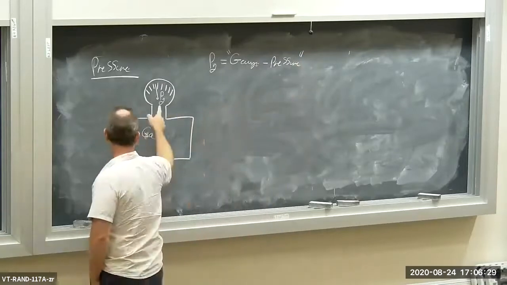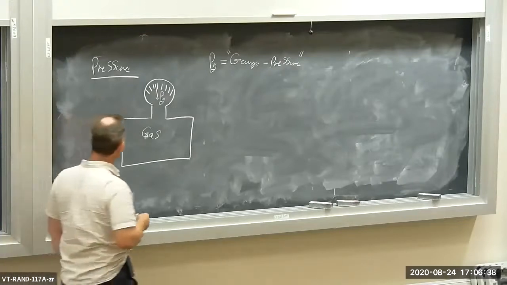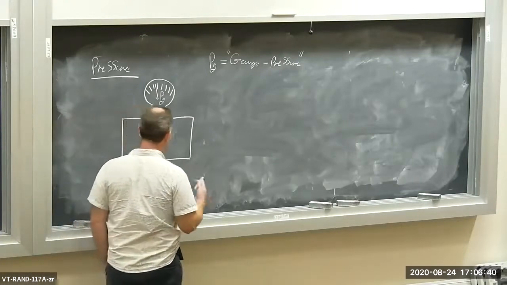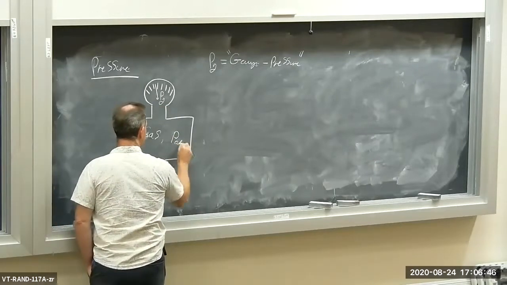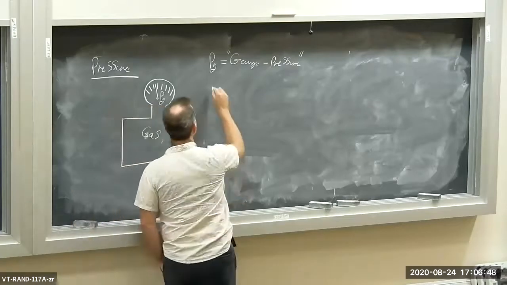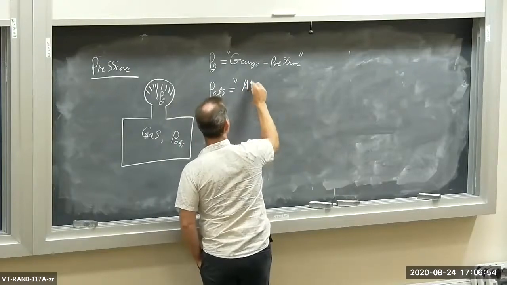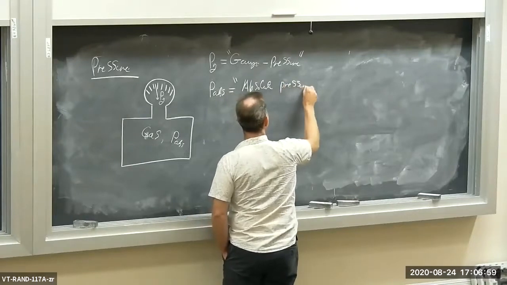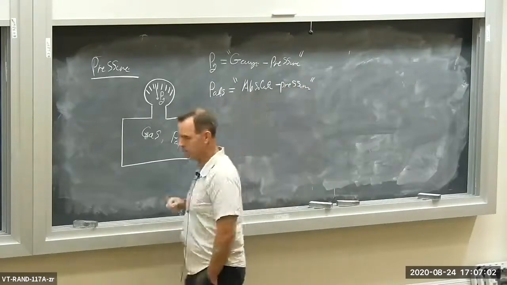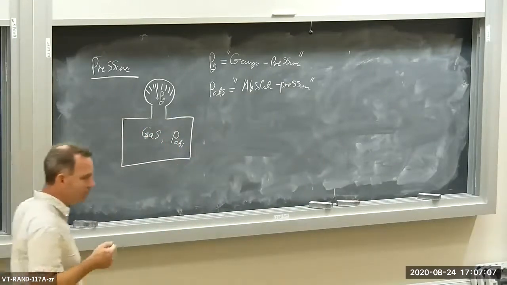Gauge pressure, P sub G. Then we've got the actual absolute pressure inside of the tank. So we have P ABS, P absolute, that is the absolute pressure. It's the pressure, not as measured by a gauge, but the pressure.